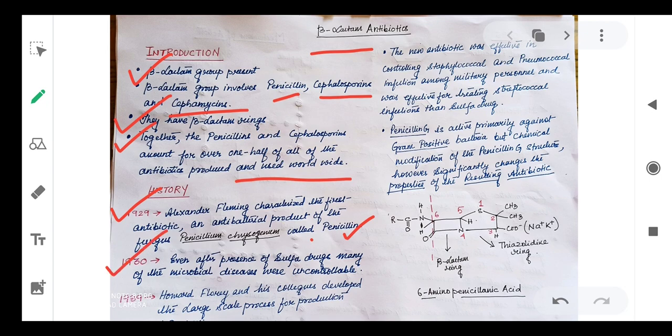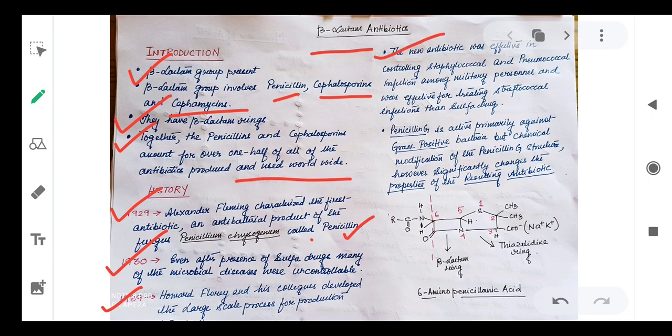In the 1930s, even after the introduction of the sulfur drugs, many microbial diseases were really uncontrollable. Then, in 1939, Howard Florey and his colleagues developed the large-scale process for production of penicillin. Both Howard Florey and his colleagues and Alexander Fleming received the Nobel Prize for the discovery of penicillin.